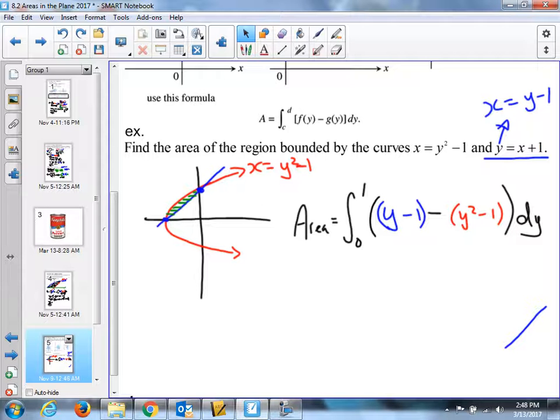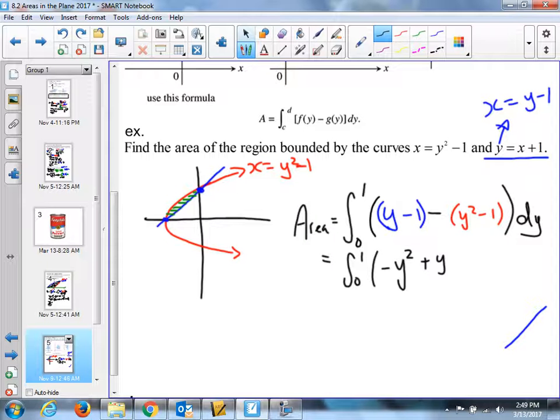I'm going to rewrite this one because I've made enough mistakes already. Which way do you want to do it? Okay, negative y squared, because the ones cancel. Okay. Third, right?